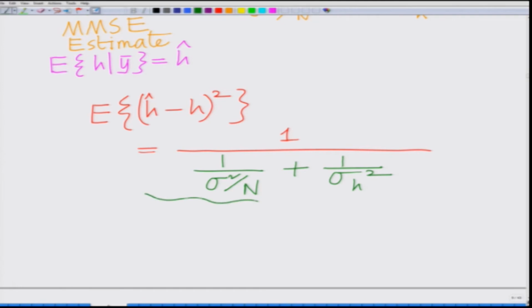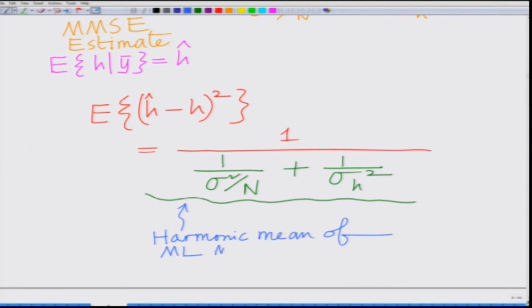You can see this, as we derived in the previous module, is the harmonic mean of the ML mean squared error, that is sigma square divided by n, and the prior variance, that is sigma h square.